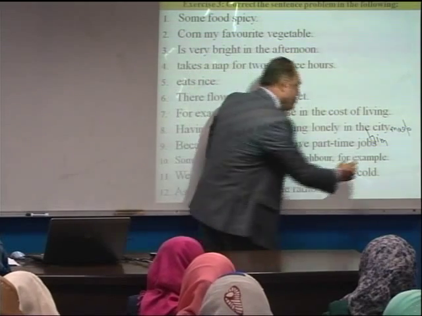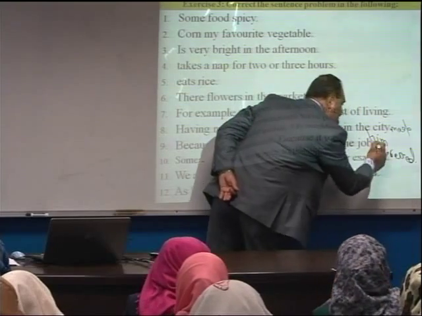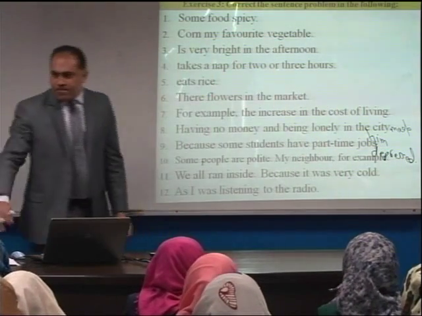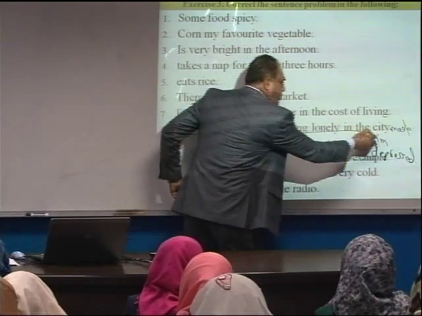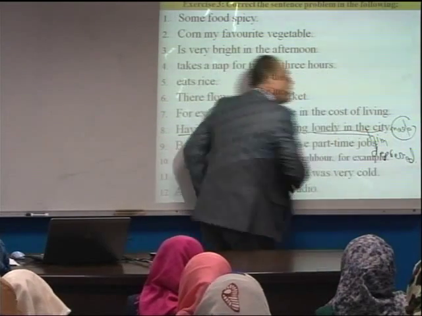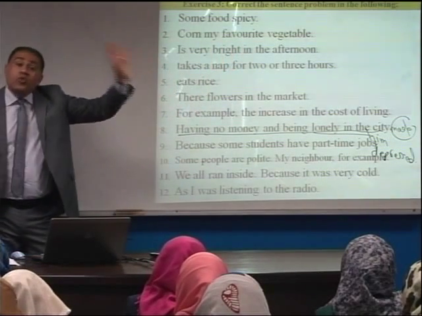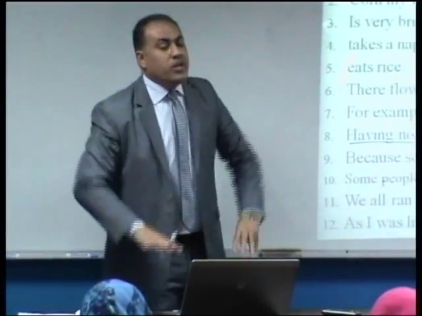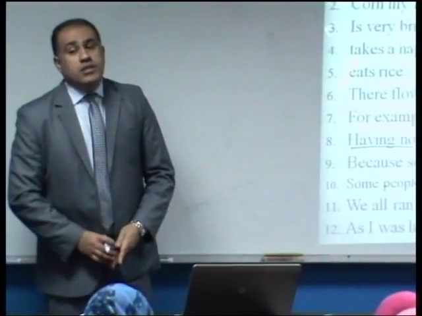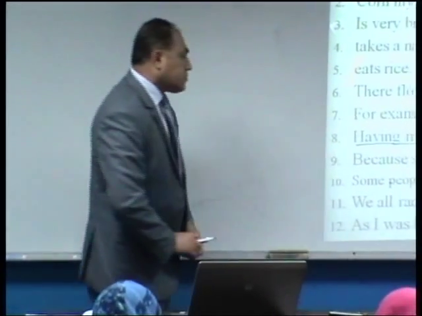Very nice. Now we have a subject-verb relationship. Having no money and being lonely in the city is the subject. All of this is the subject of the verb made. So there is a subject-verb relationship and a complete idea.